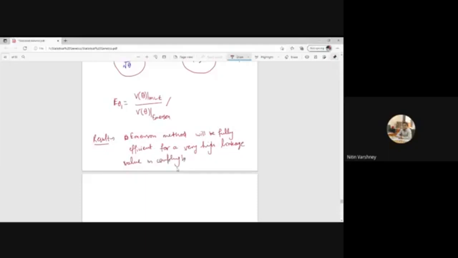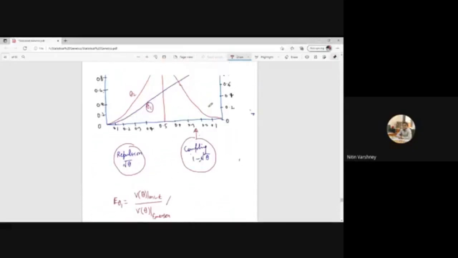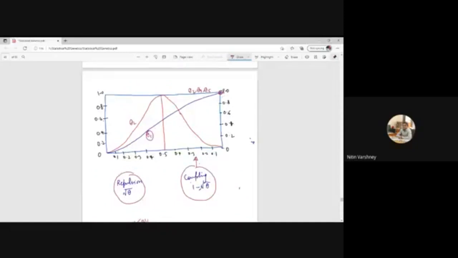So this is our first important result regarding immersion method. See, very high linkage means the probability P is equal to 1. Then and only then this efficiency will be similar to the maximum likelihood estimate.